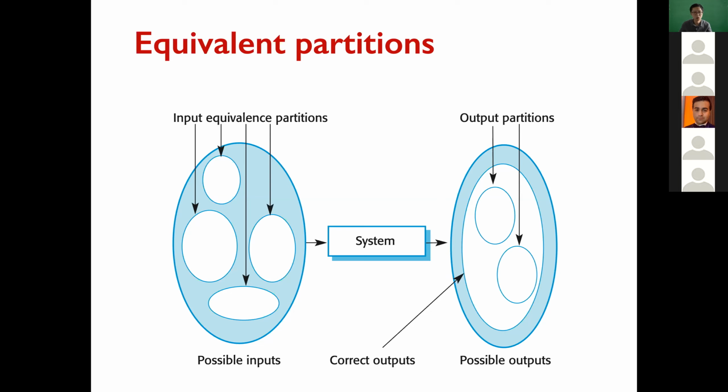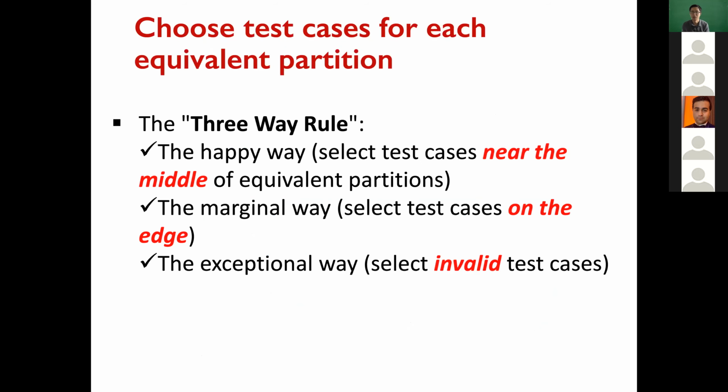Okay. So how do we choose equivalent partitions? And how do we choose test cases from each equivalent partition? We will discuss. First, for each partition, how do we choose the test cases?